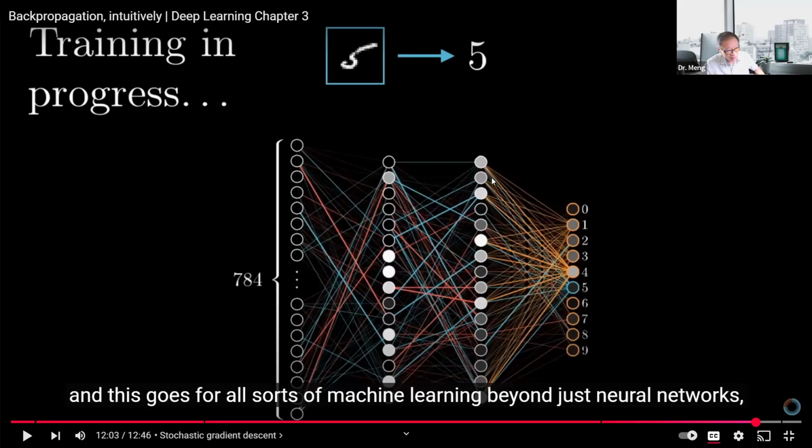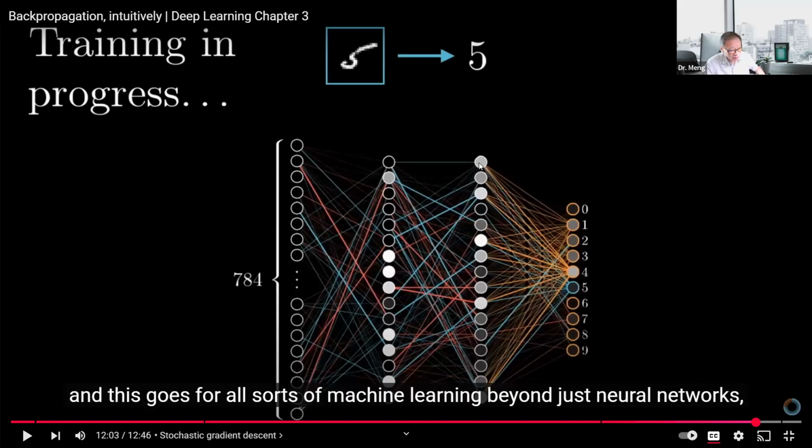Okay, so initially the very last layer in the hidden layer, right? The very last layer of neurons in the hidden layers.